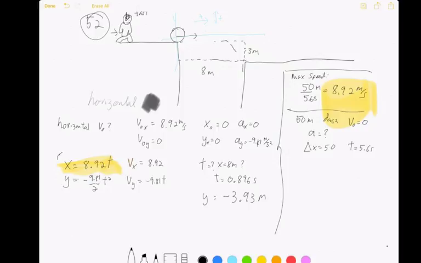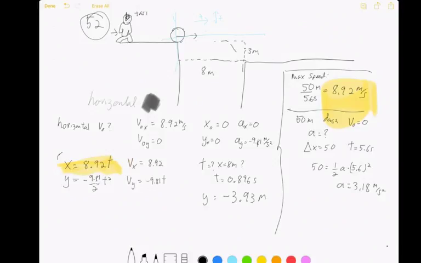So delta x equals 1/2 a times 5.6 all squared. To run that from a stop, your acceleration would have to be 50 times 2 divided by 5.6 divided by 5.6, 3.18 meters per second squared, assuming uniform acceleration.